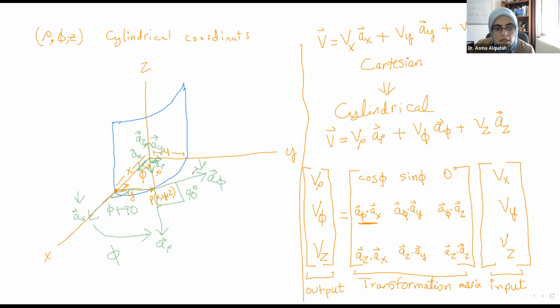So now we have two vectors, a sub phi and a sub x, and the angle between them is phi plus 90. So the dot product between them is what?